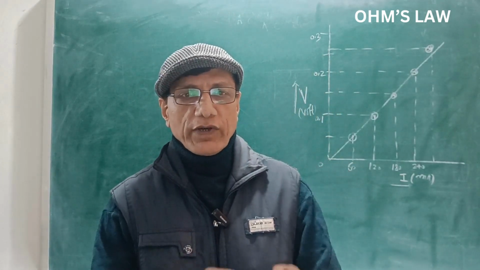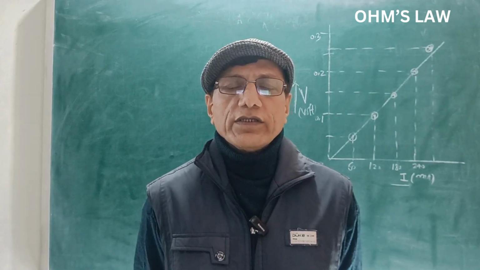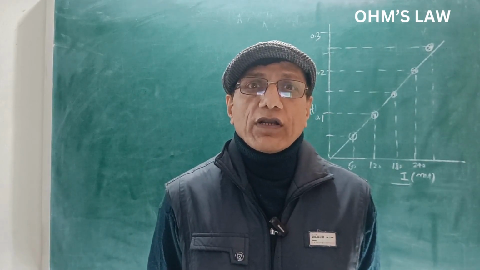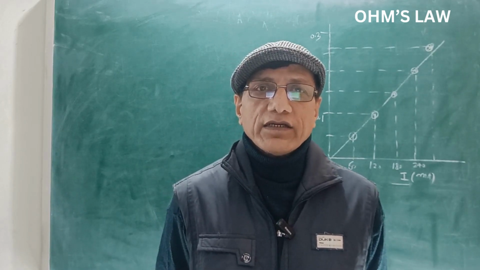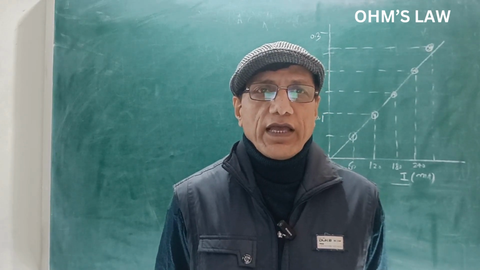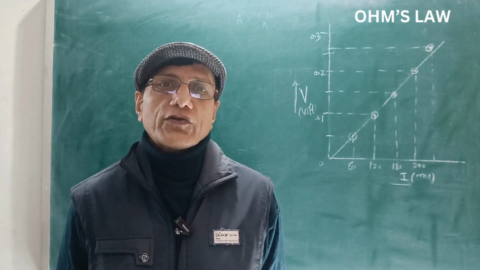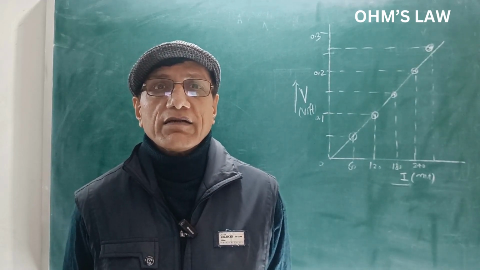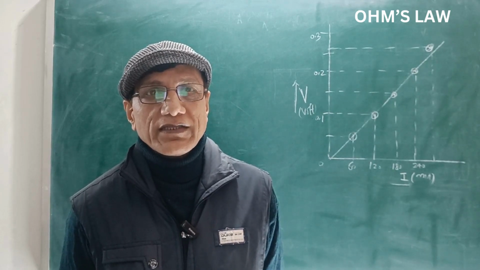Third, although you have to write only 2, for your knowledge I am giving you more. This Ohm's law is not applicable to semiconductor devices like semiconductor diodes, transistors. This Ohm's law is also not applicable to non-linear circuits like thermistor, thyristors.